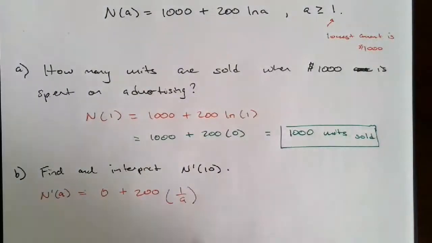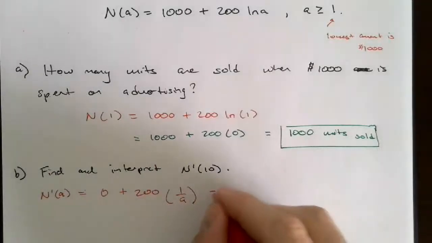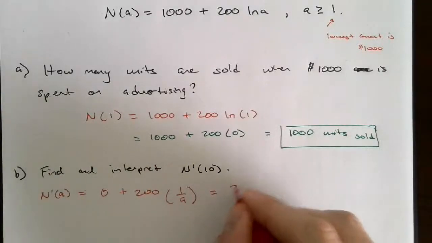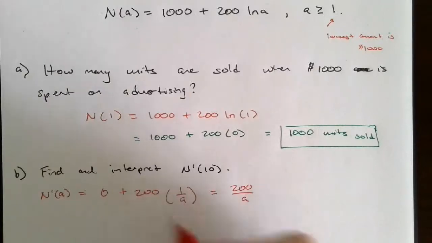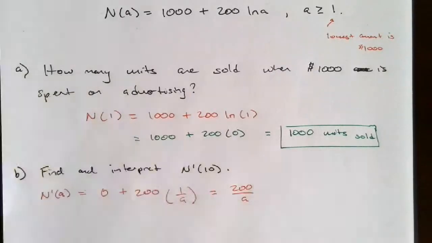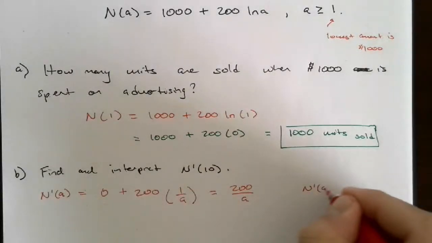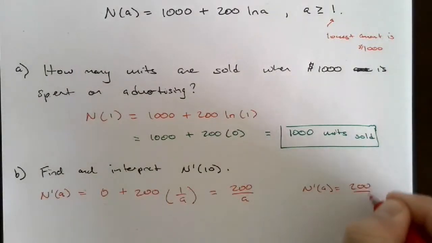If you did, it'd be times 1, which would give you the same thing. So N prime of A is 0 plus 200 times 1 over A, which is just 200 over A. So we have N prime of A equals 200 over A.